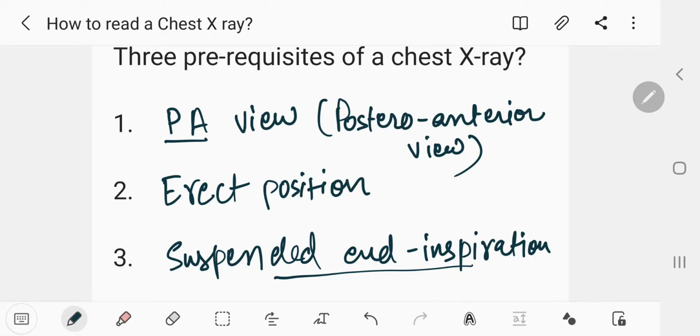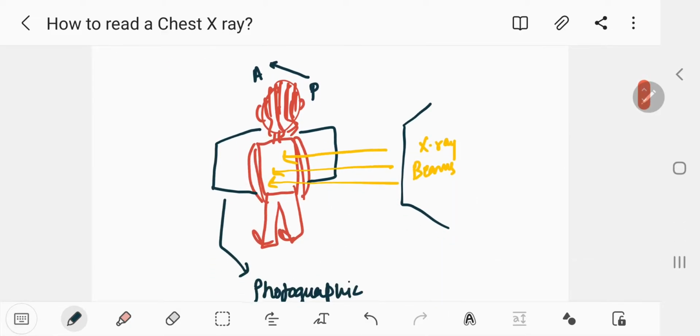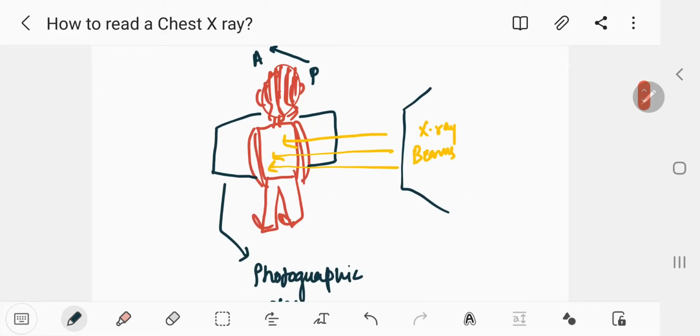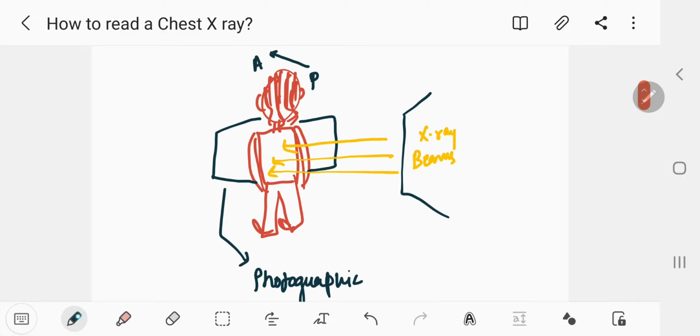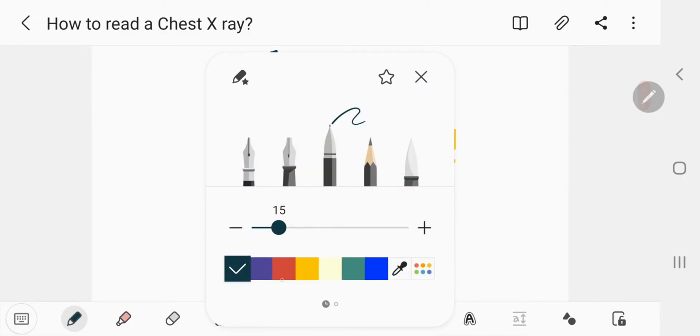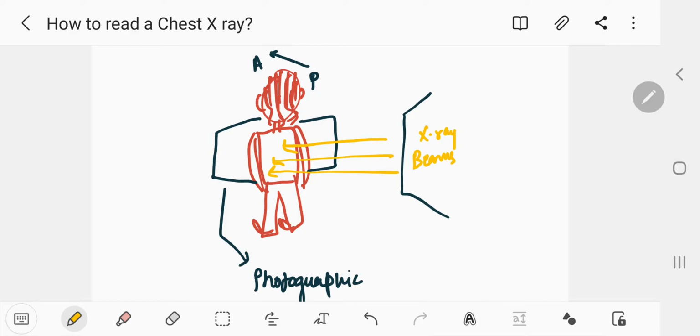Why is it important? First, let's see how you have to ask this person to stand and why this is known as PA view and not AP view. Well, you can see here I have drawn a diagram of a projector that's going to project x-ray beams onto the person.